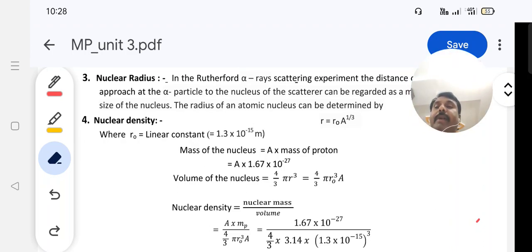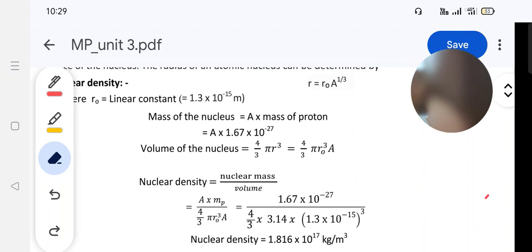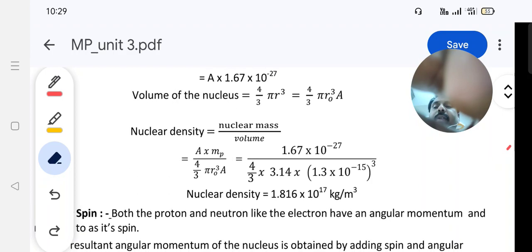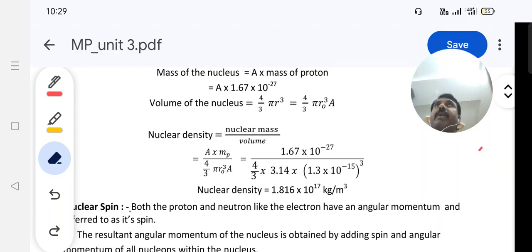The next property is nuclear density. We know that density is given by nuclear mass divided by nuclear volume. Just now we have discussed that nuclear mass is equal to A times the mass of the proton.